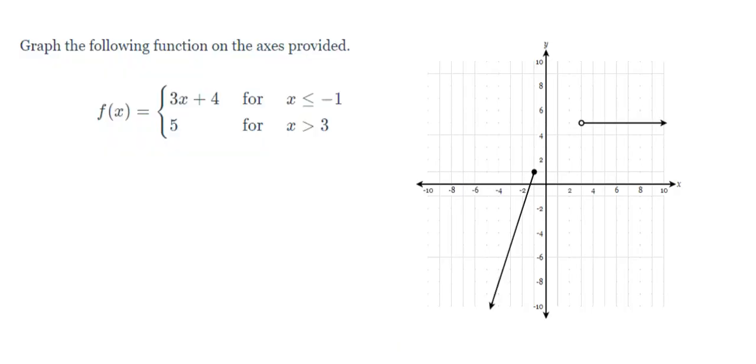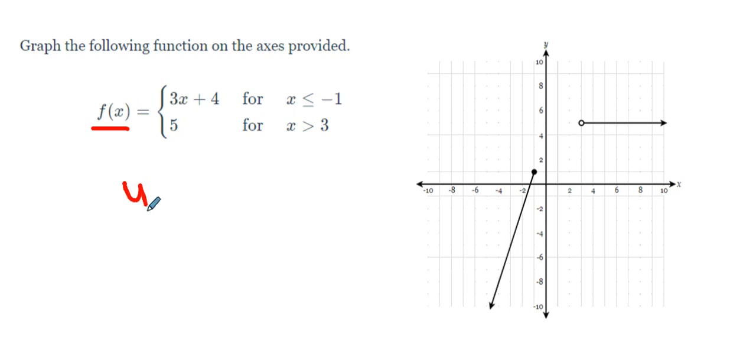But here, this is for not just when x is equal to a number, but when x equals a lot of numbers. So when x is greater than 3, y's value is always going to be 5. So another way to look at these piecewise, is that, see how it says f of x equals this and f of x equals that? Well, f of x is just y.